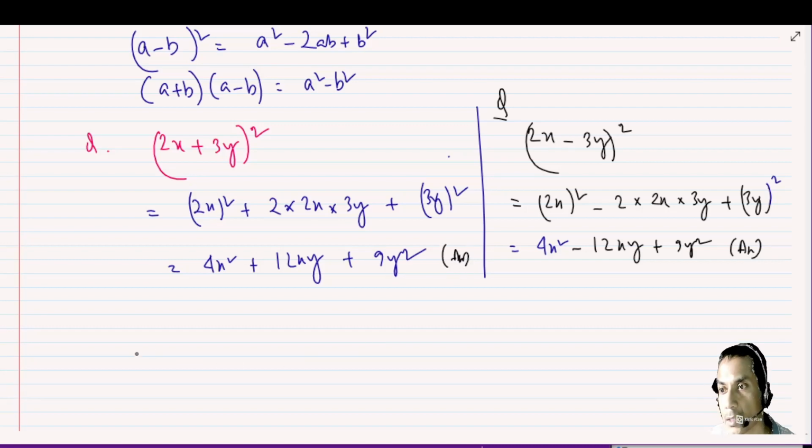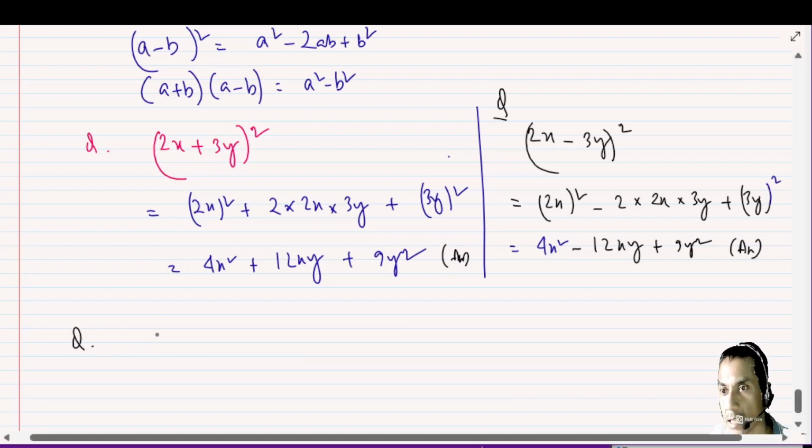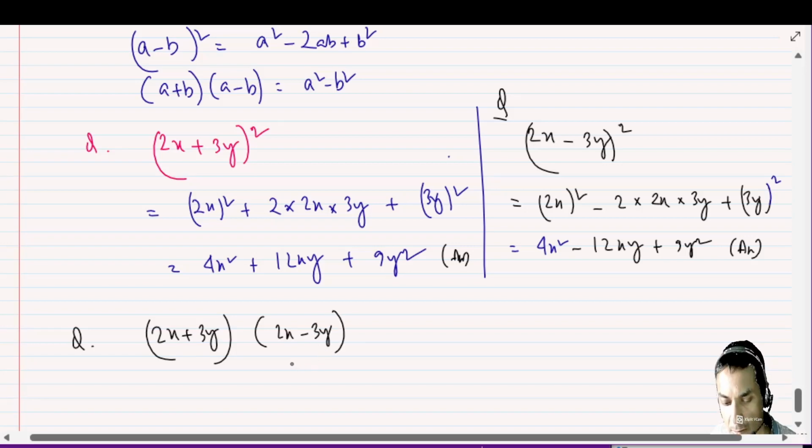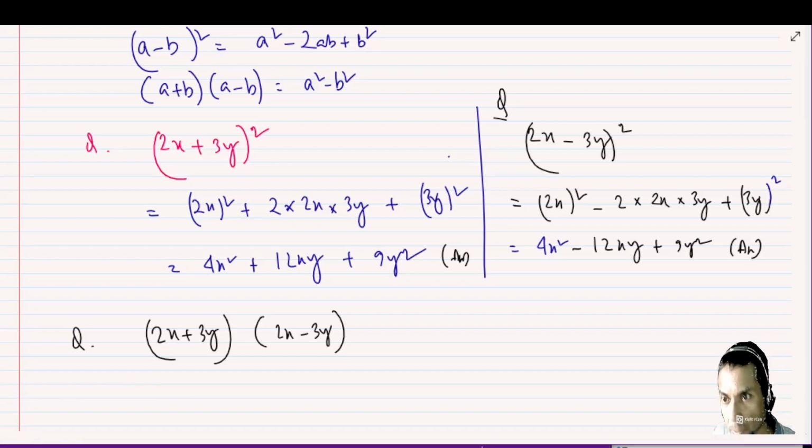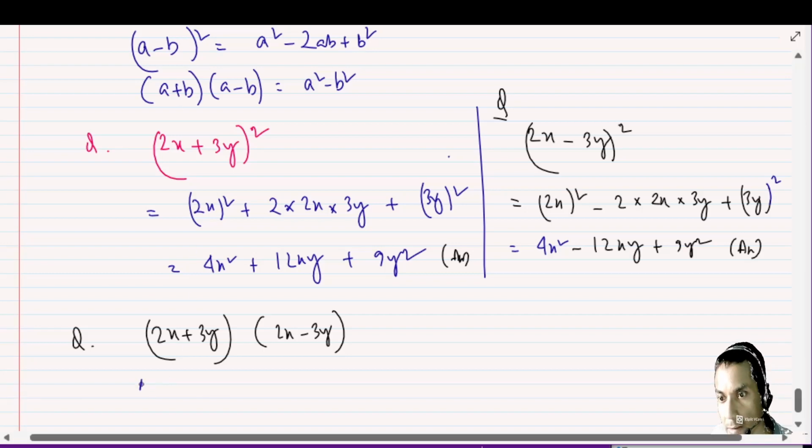Clear? And the third question is (2x plus 3y) multiplied by (2x minus 3y). Okay, I can solve this. The answer will be like this: (2x plus 3y) into (2x minus 3y). What you have to do?